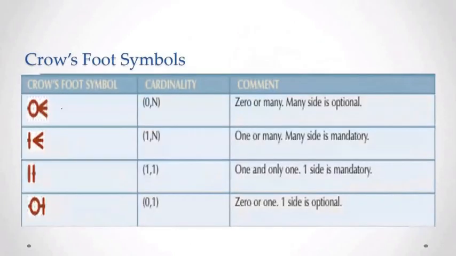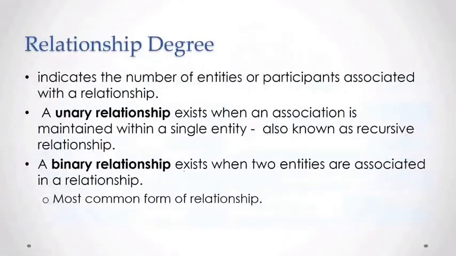Okay, so these are the symbols. We have been using this. And then relationship degree. Relationship degree, this pertains to the number of entities that participate or are included in a relationship.